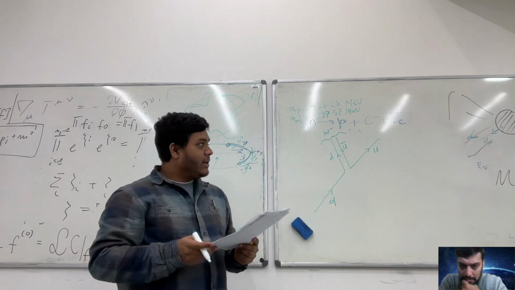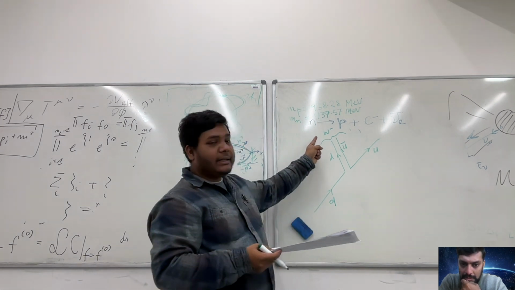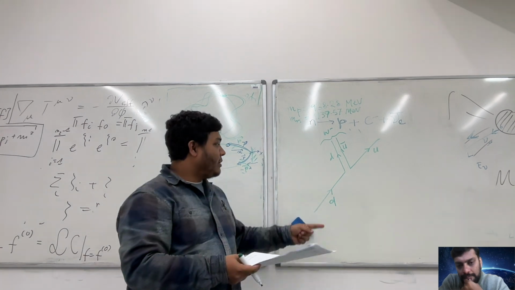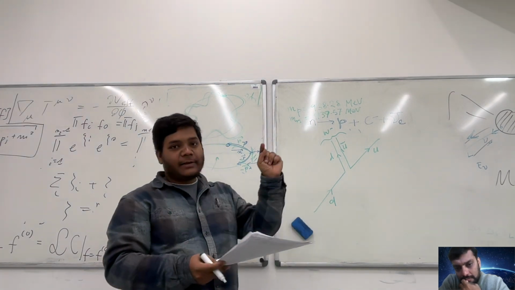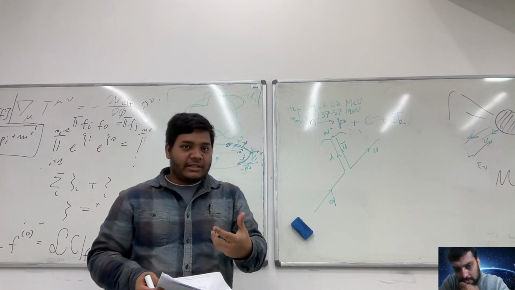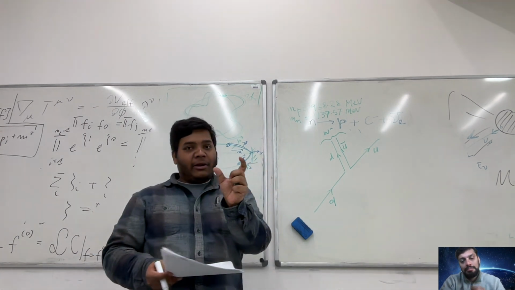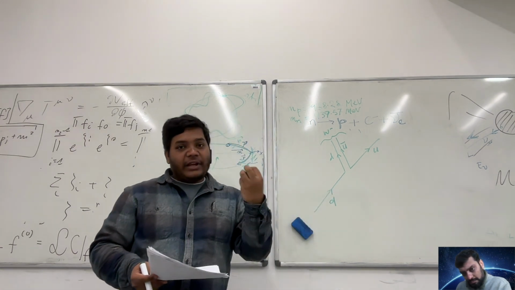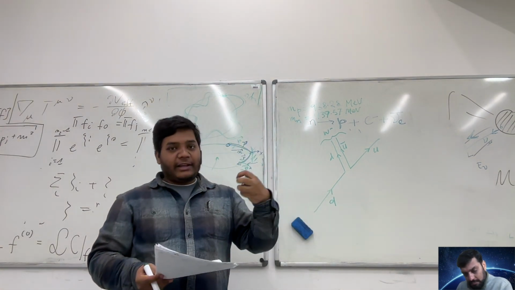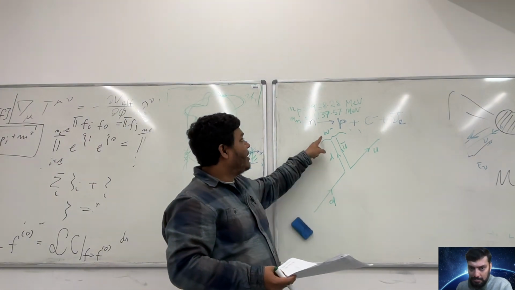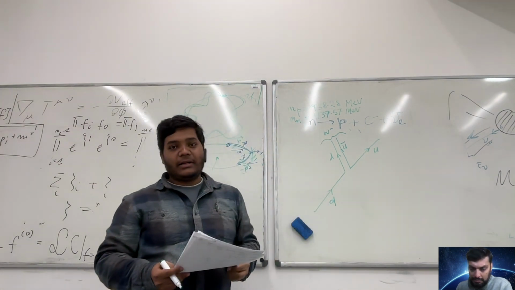There is a small mass difference between the neutron and proton, and because of that mass difference, within a particular time frame it gets enough energy from the vacuum, and that helps to create this W minus particle.